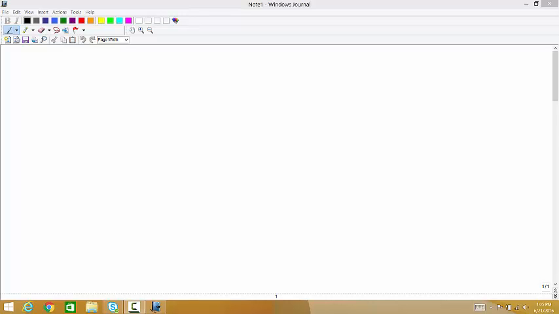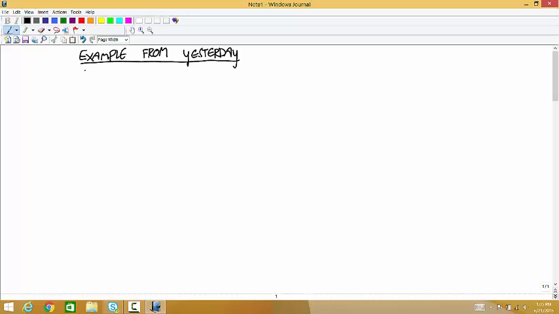All right, so yesterday we did this thing. We had this cantilever beam, and it was connected by a roller to a member like that.